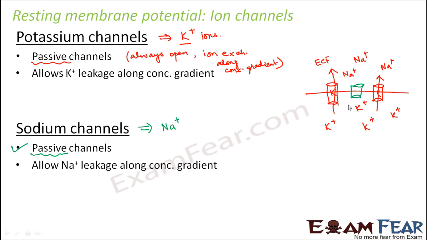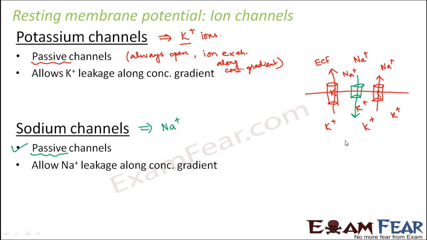These sodium channels will allow sodium to move from high concentration towards low concentration. So it will allow sodium to move from outside to inside, right? Now, as a result, what will happen? The potassium ions will keep moving outside and the sodium ions will keep moving inside. So what will be the result of that?